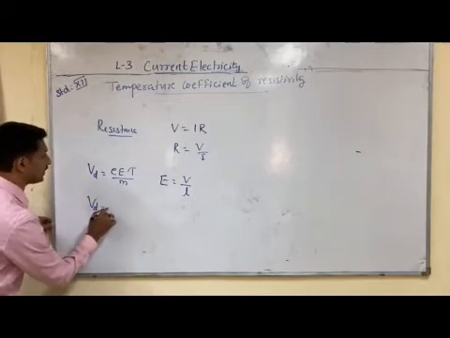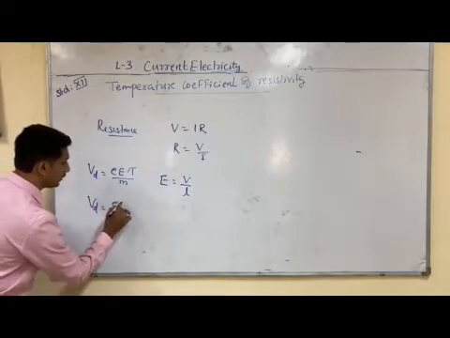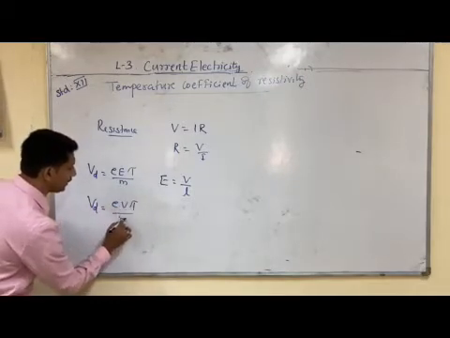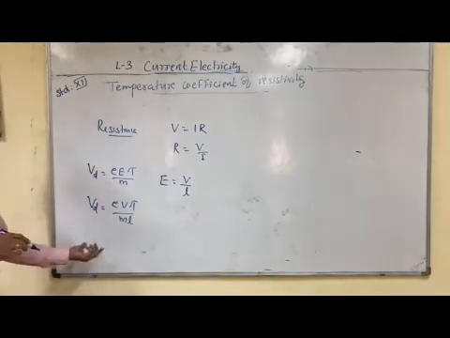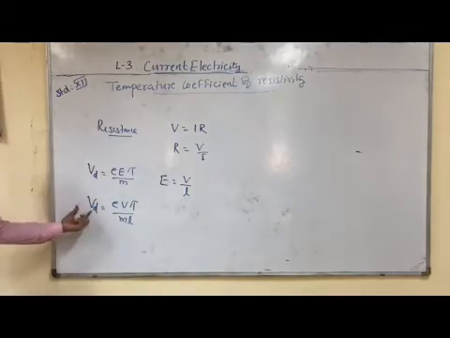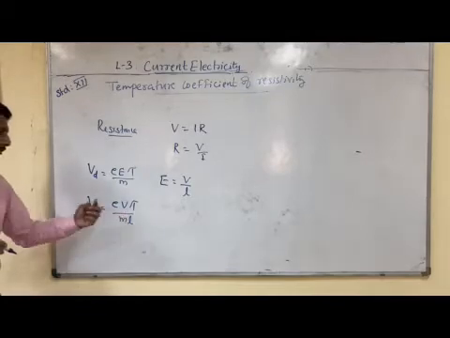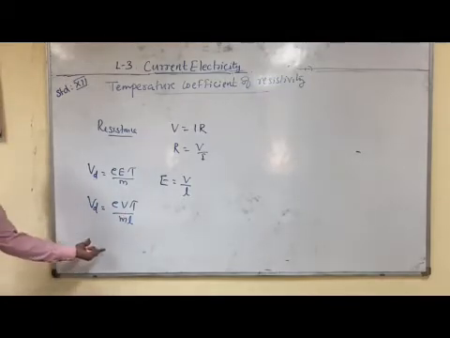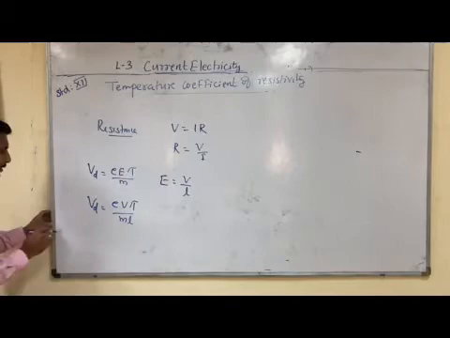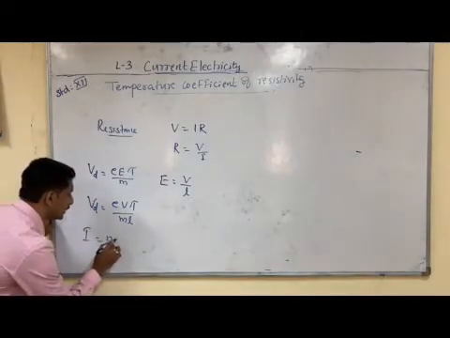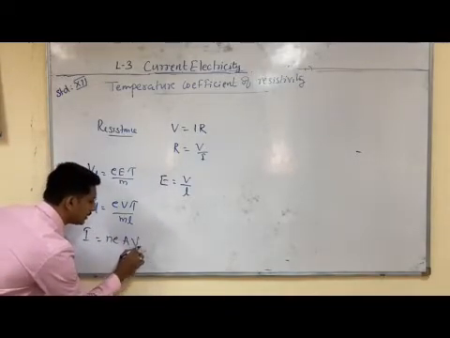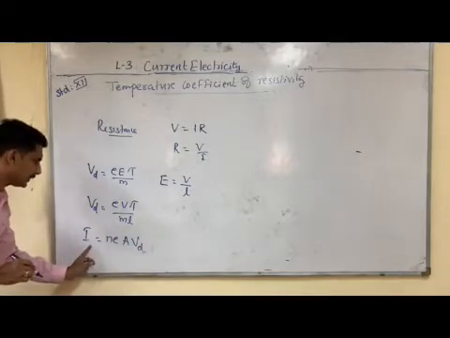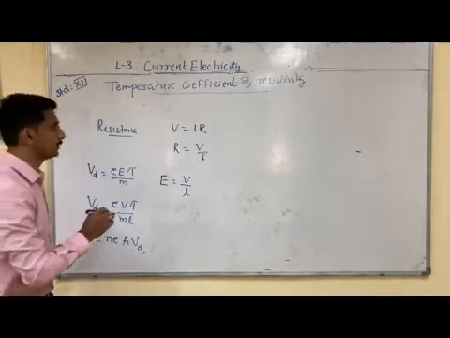So drift velocity Vd is equal to e V tau by m L. This way we can modify the equation for drift velocity. Now we can substitute this value of drift velocity in our equation. Current I is equal to, as we already discussed, n e A Vd. So in this expression we can substitute the value of drift velocity.